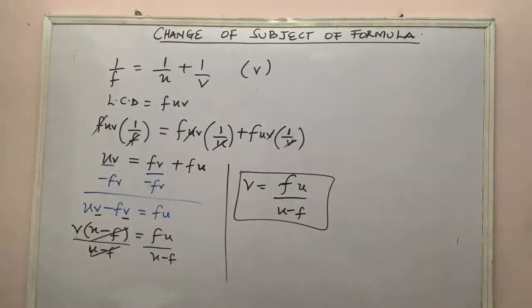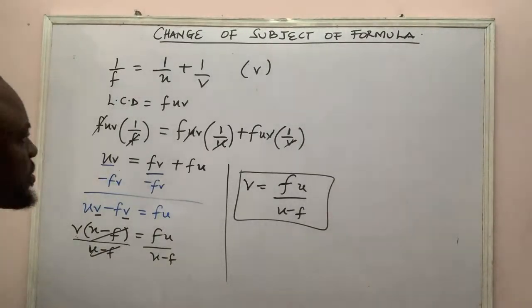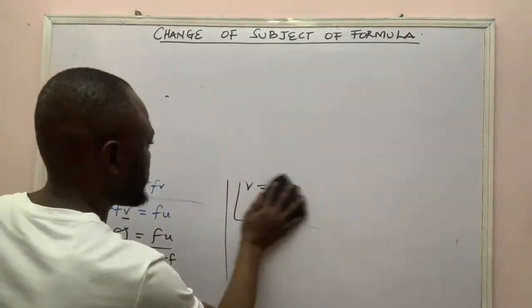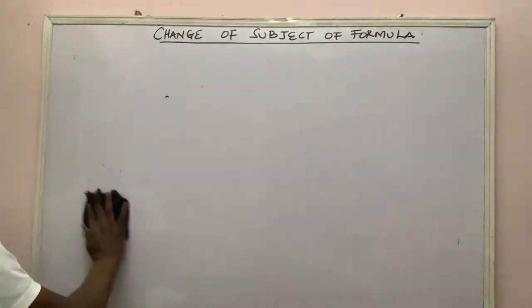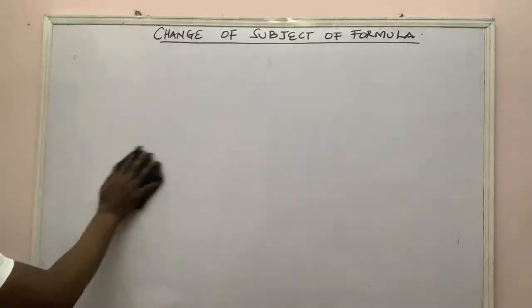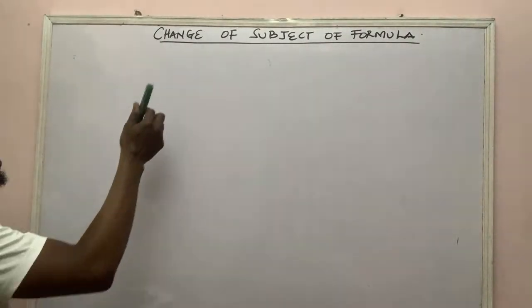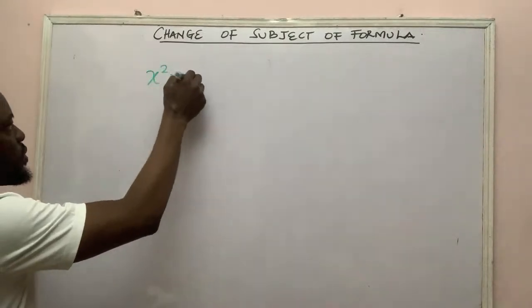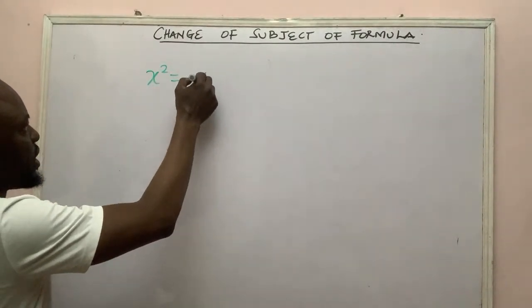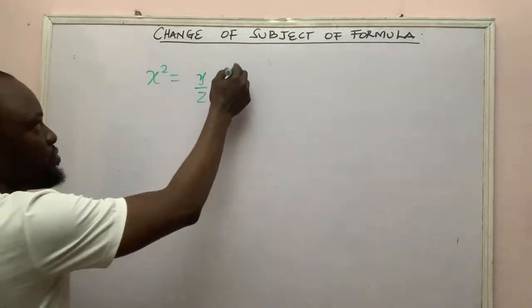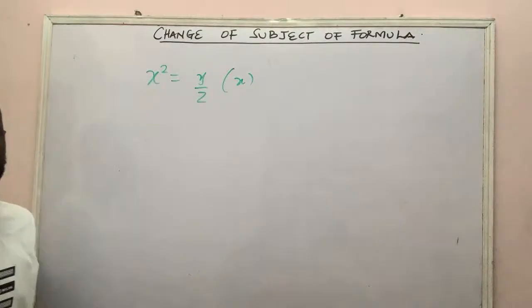Let's take more problems. Now, if we have something like x squared equals y over z, and the question says you should make x the subject.